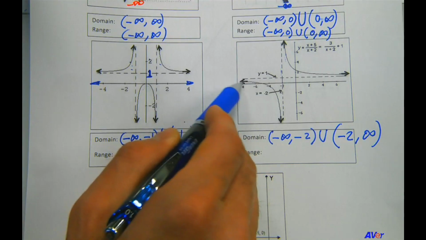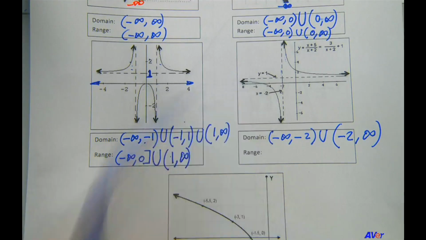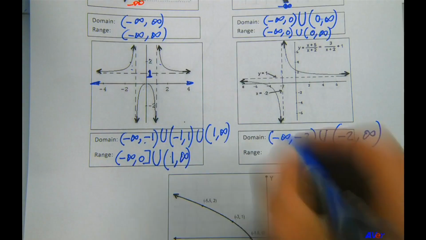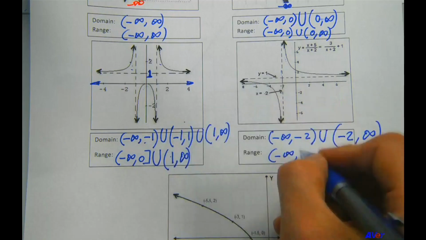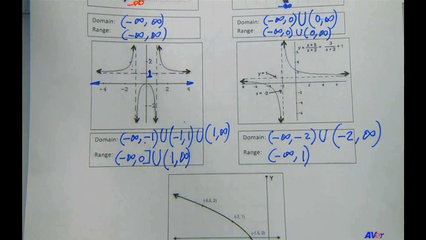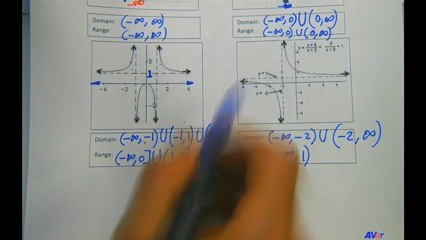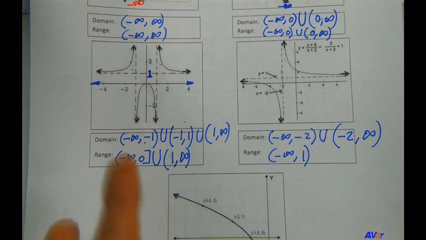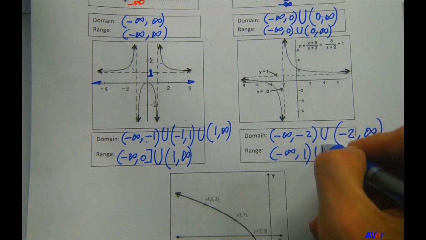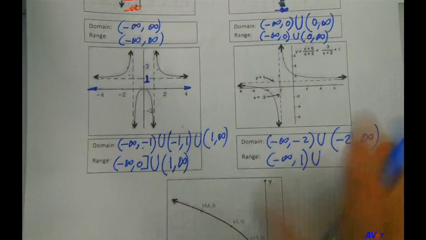Look at this behavior. It does not cross the horizontal asymptote. So we have -infinity coming up to 1, parenthesis, not bracket, because the way it looks, this line is not crossing that horizontal asymptote. A horizontal asymptote, like I said, can be crossed, but in this graph, as they show, it's not going to.